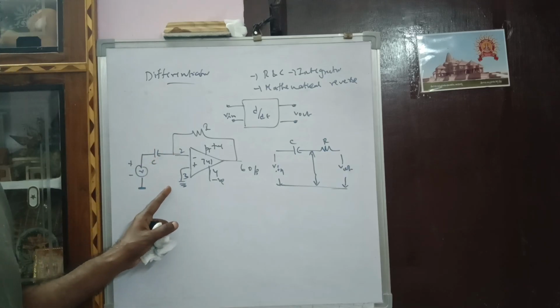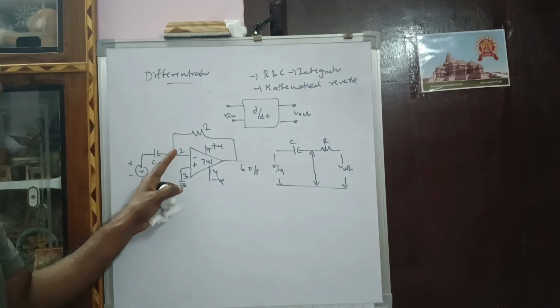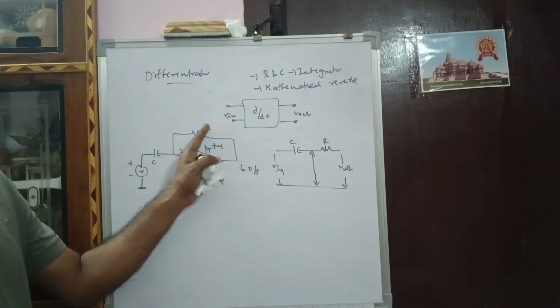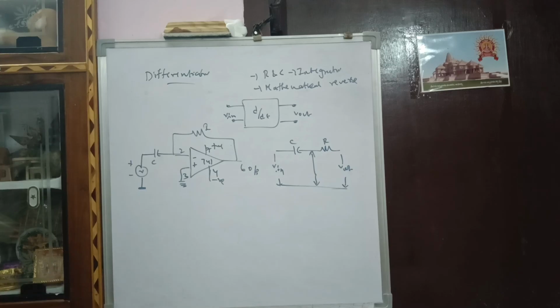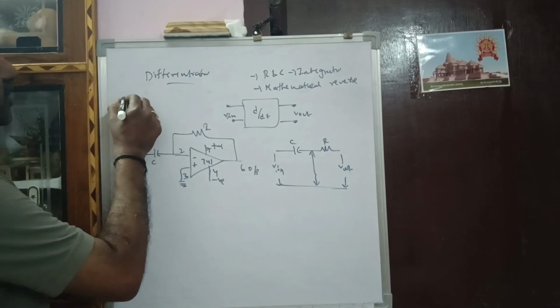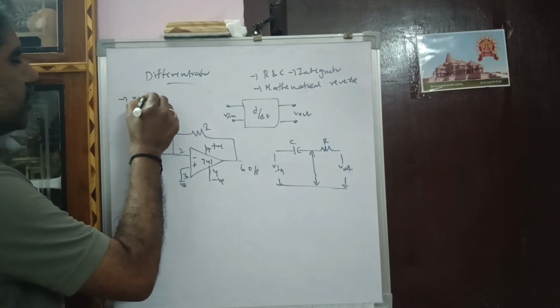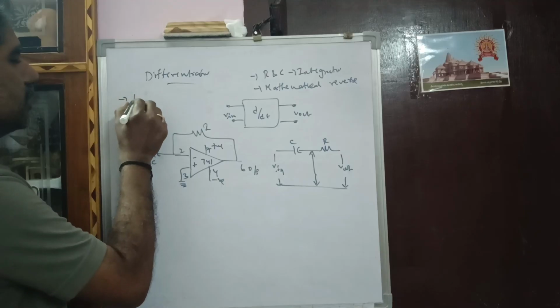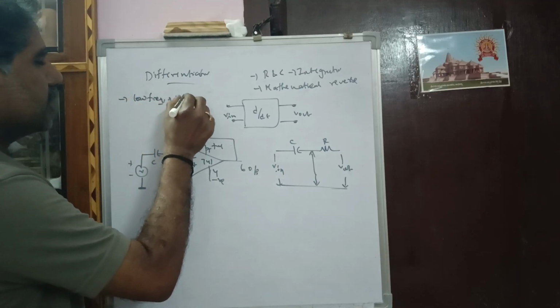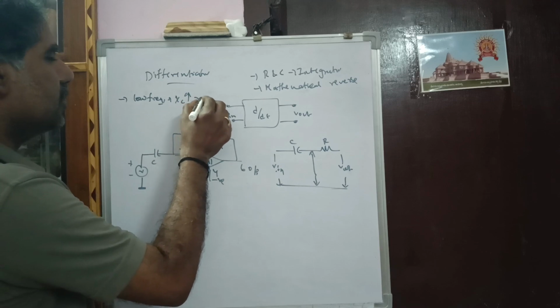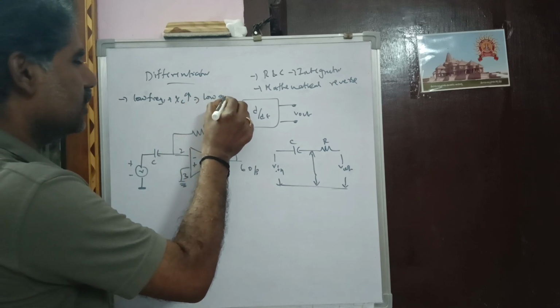The non-inverting terminal is grounded, an AC signal is applied to the inverting terminal, and feedback is connected from output to input. This is the differentiator. In a differentiator, at low frequency the reactance of the capacitor is high, so it provides low gain.